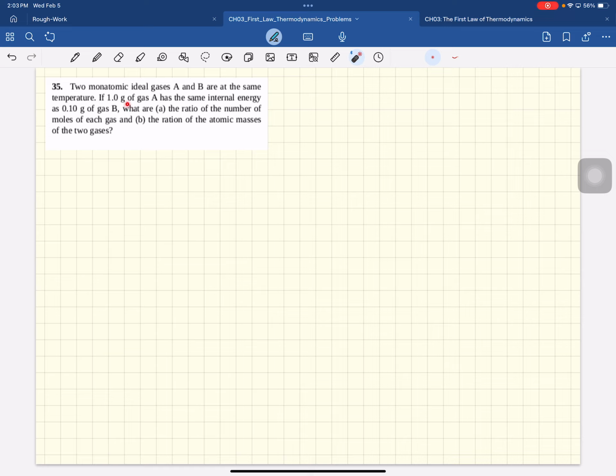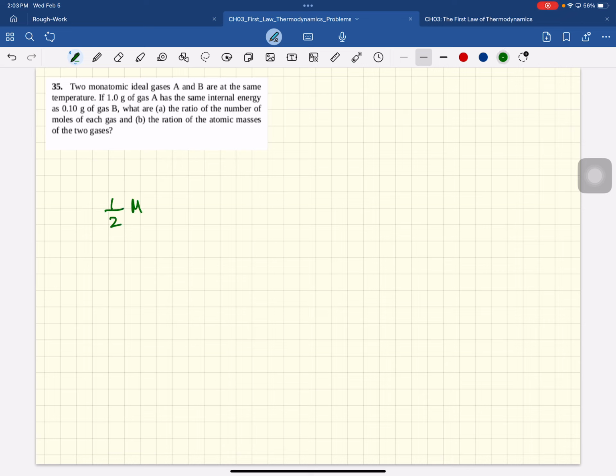If 1 gram of gas A has the same internal energy as 0.10 grams of gas B, what are the ratio of the number of moles of each gas, and the ratio of the atomic masses of the two gases? What we know is the temperature is the same.